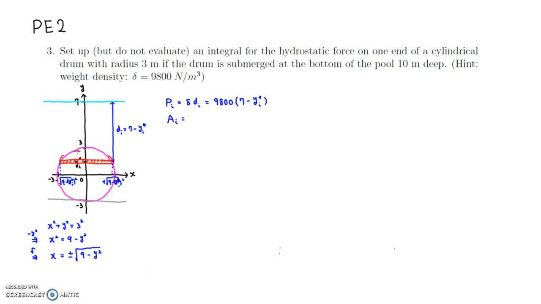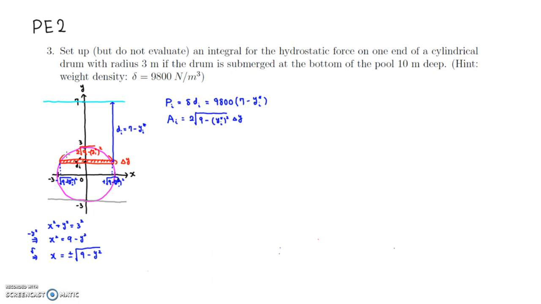So it's 2 times the square root of 9 minus yi star squared, and the width is always delta y. Base times height, since it's just a rectangle, so 2 times the square root of 9 minus yi star squared times delta y gives us the area of this skinny piece.